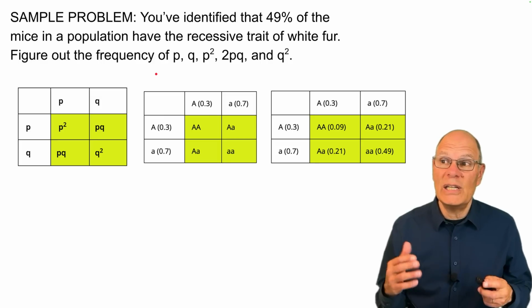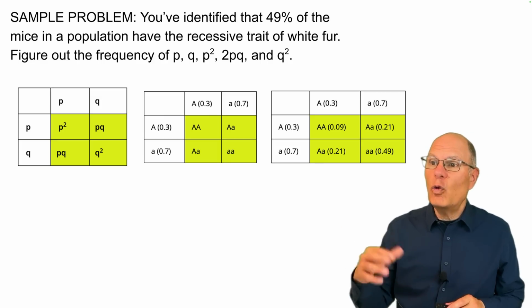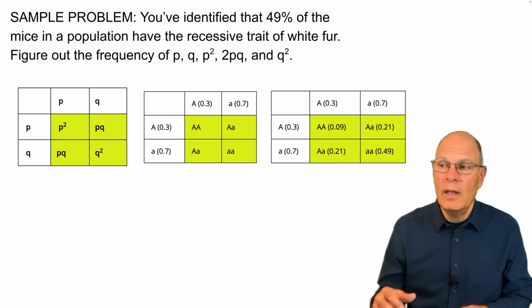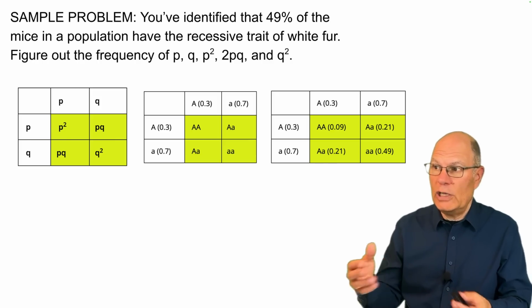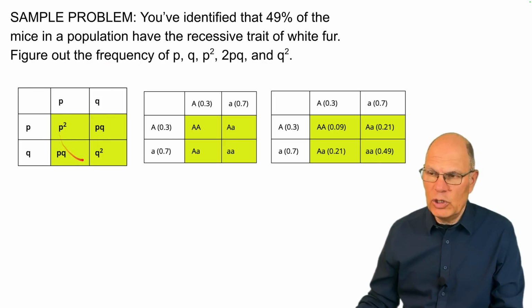Here's how you might see this in a sample problem. You've been told that 49% of the mice in a population have the recessive trait of white fur. Figure out the frequency of p, q, p squared, 2pq, and q squared. So here's our original setup.